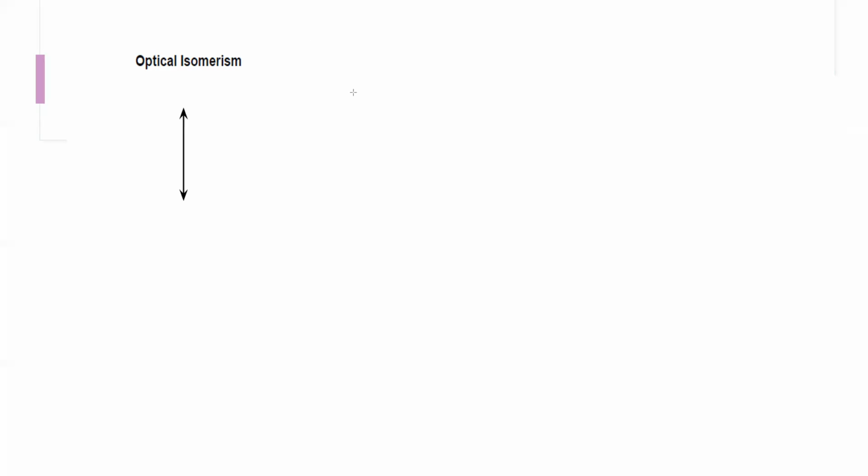So when we pass it through a container which has only one kind of molecule, why do we call them optical isomers? Because they rotate the plane polarized light, either clockwise or anti-clockwise.